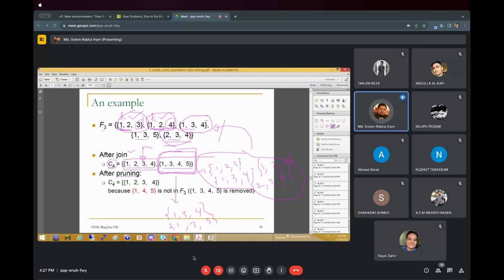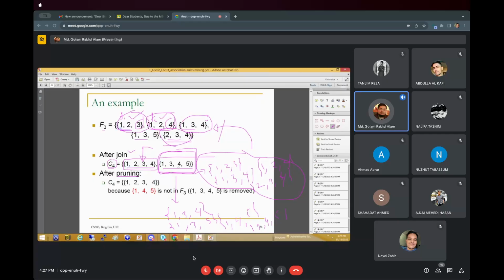Then we can generate another subset like 1 4 5, and also 3 4 5. So these 4 possible subsets are in this case.